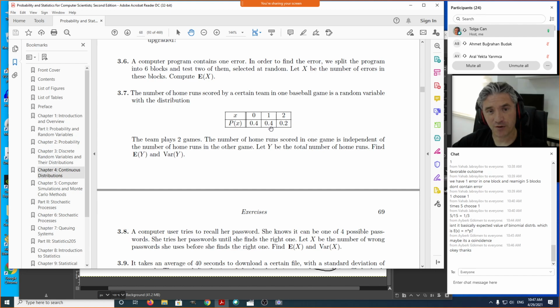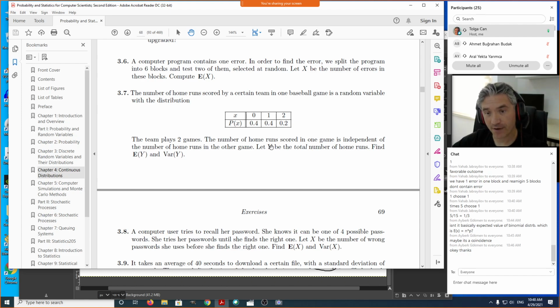So 1 times 0.4 is 0.4, and 2 times 0.2 is 0.4, so it's 0.8 in total. So the expected value of x is 0.8. The expected value of y, therefore, is 0.8 times 2, which is 1.6.